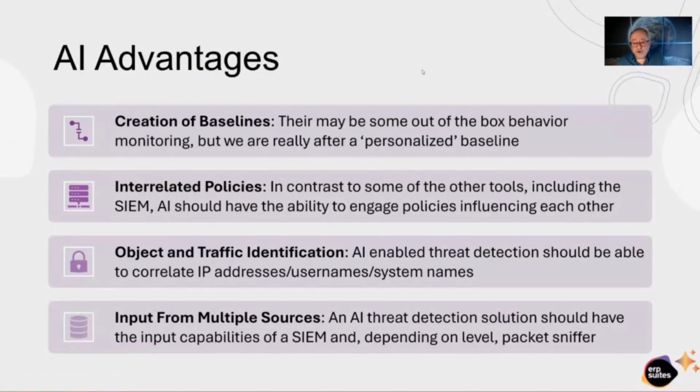But it can also go down to a packet sniffer level and actually have sniffers out on the network to make sure that we're seeing all of that traffic. So these are some of the advantages that we get from AI specifically. If we are using it properly, it should be telling us more and connecting more of these things.